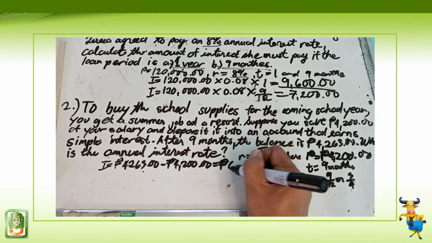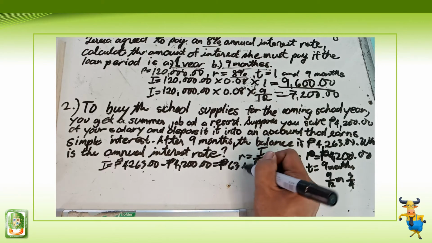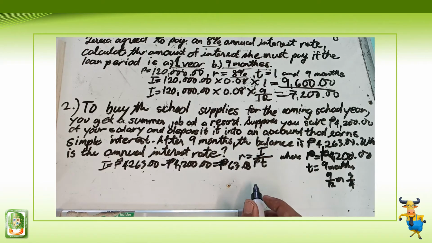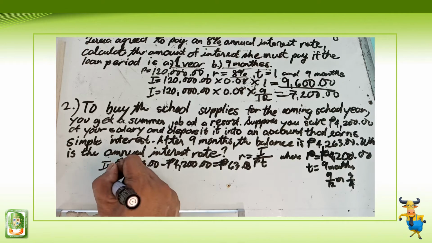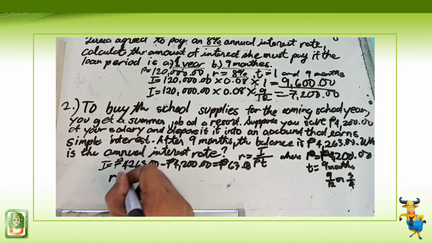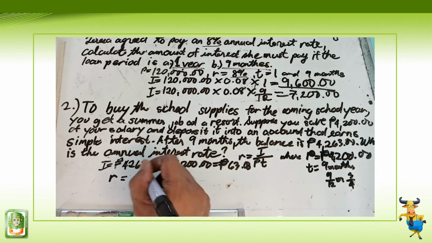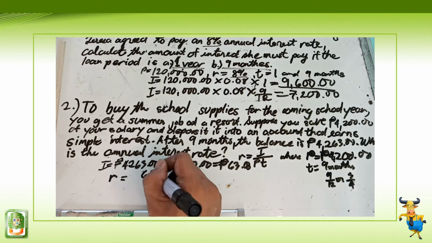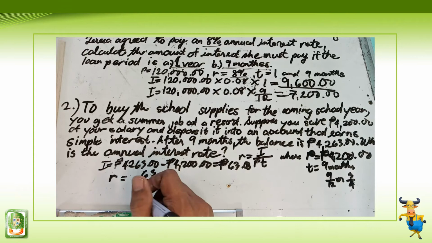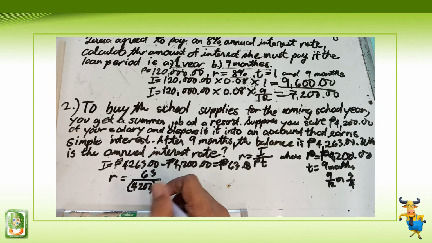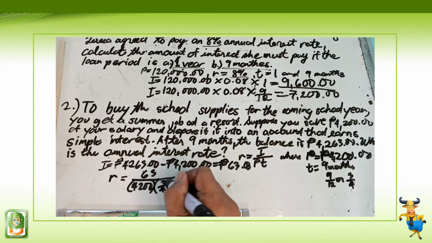Meron kang 63 pesos. Okay, so kung i-compute na natin, the rate of the interest is equal to the interest 63 over the 4,200 times the time 3 over 4.